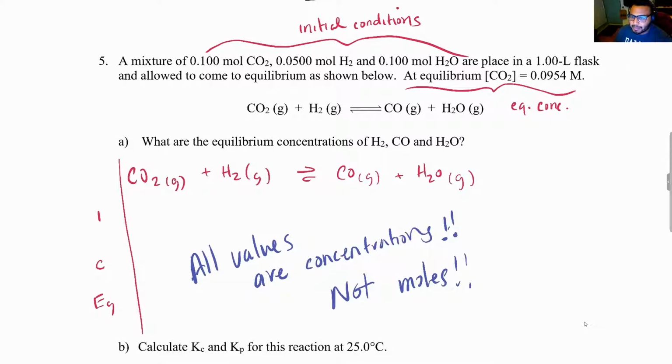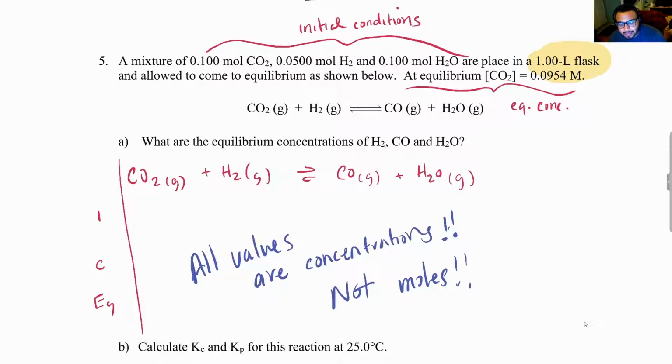It can't be moles. The way that we do that is we divide the moles of what we have by the total volume of the experiment. In this case, the volume is a liter flask.